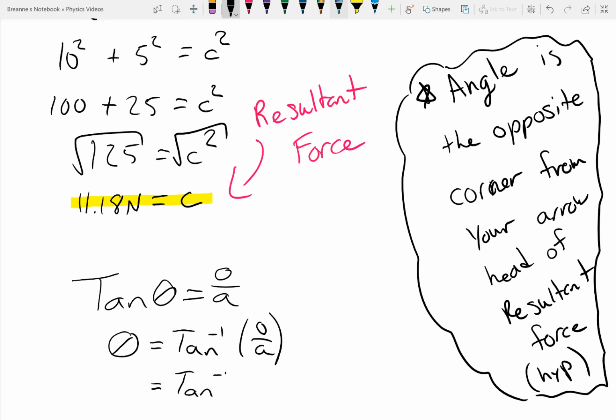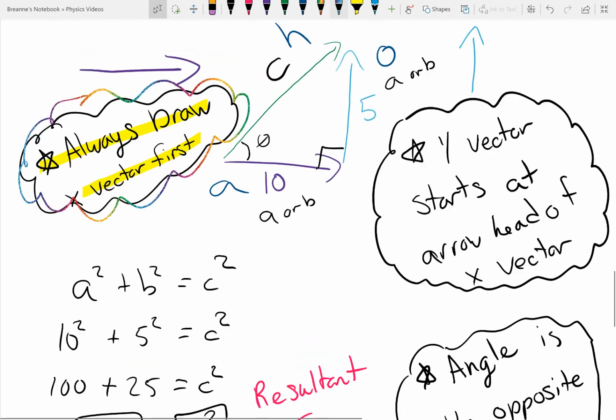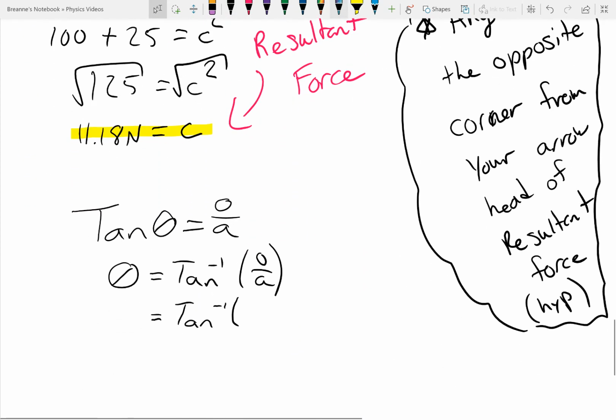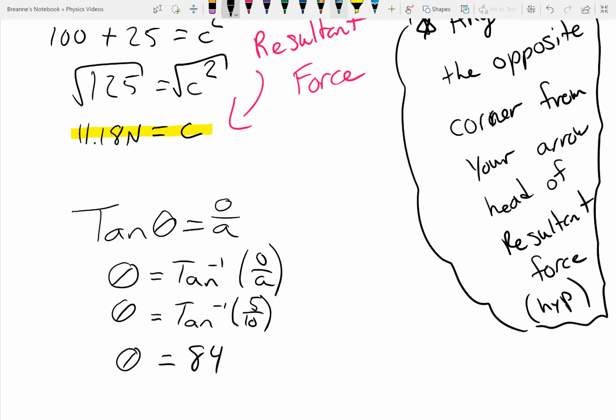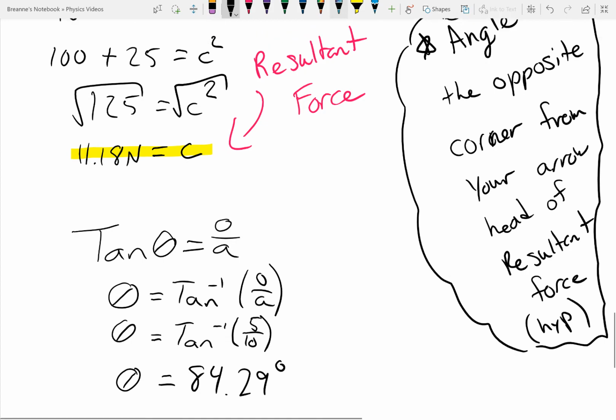In this case, your opposite was 5, your adjacent was 10. So 5 over 10. Plug that into your calculator, and make sure you hit second tan to get your inverse. That gives you an angle of 84.29 degrees. And that's how you'd find your angle.